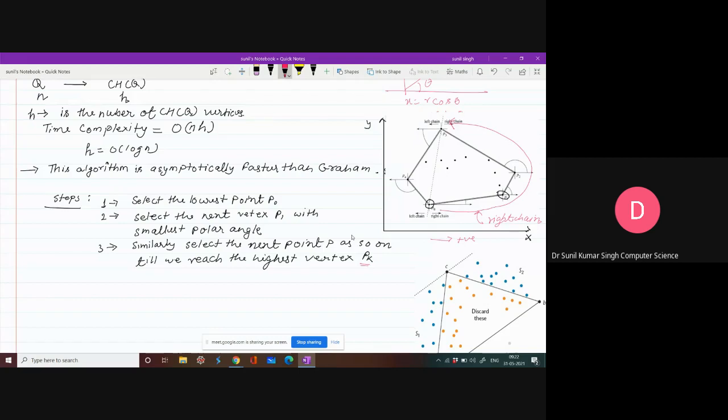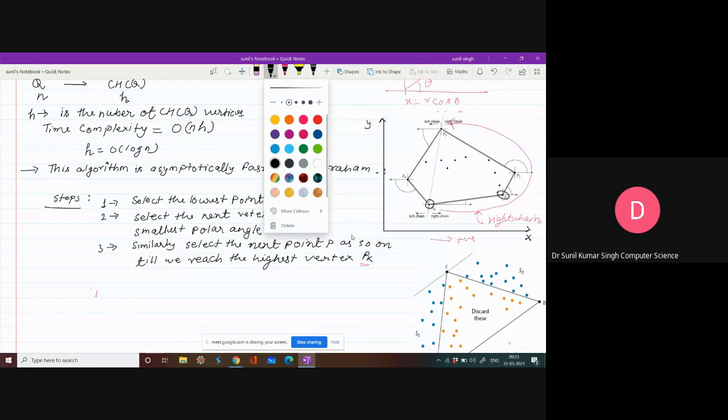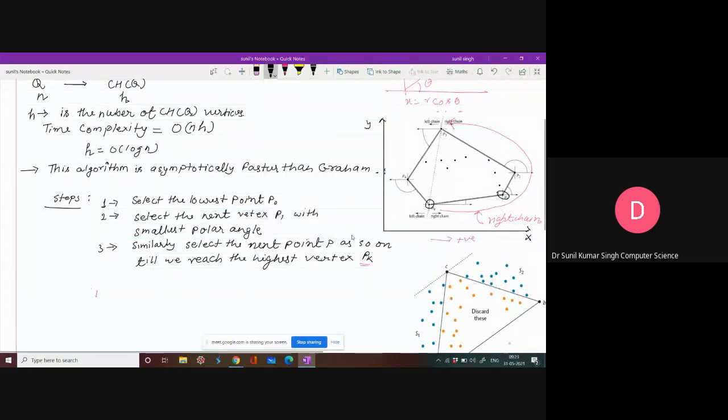So in the next step, to construct the left chain, we have to choose the next point Pk plus 1.